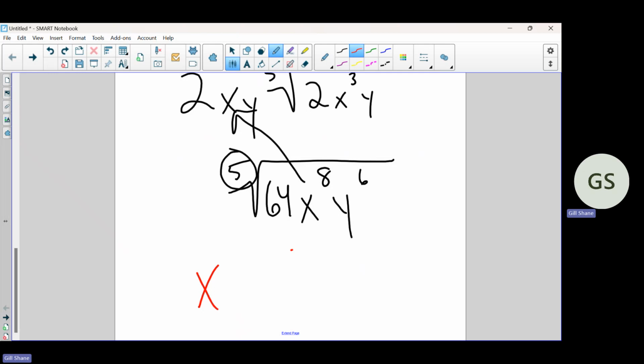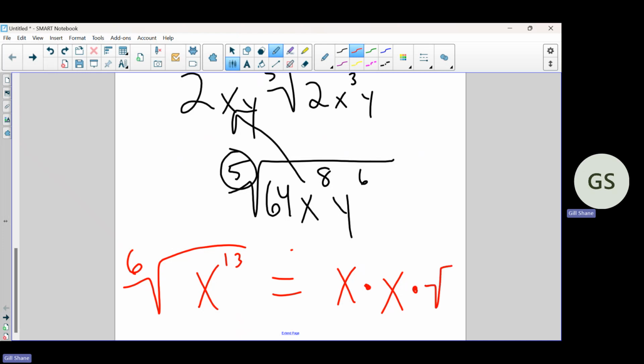So the 5th root. Here, I'll do the 6th root of x to the 13th. Well, I can pull 6 x's out, so that would be x, but I can pull 6 x's out again. So 6 x's from the 13 gives me x as an integer, but then I can pull 6 more out, so it gives me x again, and underneath I would still have an x left.